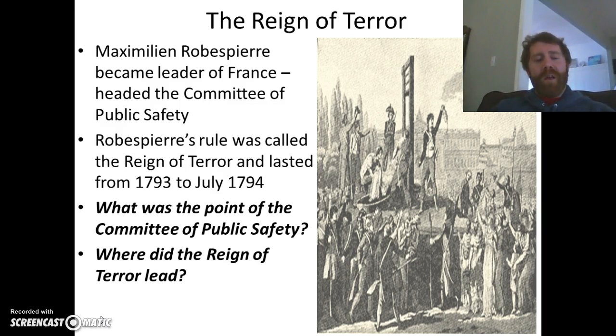Who those enemies were: peasants who were horrified by the king's execution; nobility who did not like the increasing participation of common citizens in the government; church officials who resisted the changes to the calendars that the Jacobins made, where they took away all Sundays, because they didn't believe in the power of the church, and where they closed all the churches in Paris and in other cities. These were seen as enemies of the state.